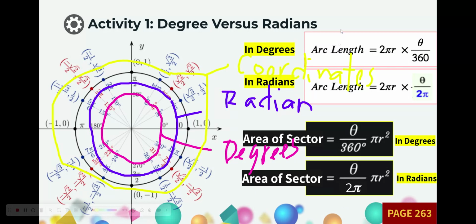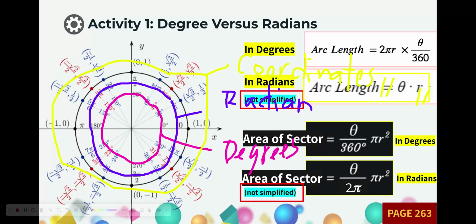Again, these both are arc length. These are both area of a sector. Okay? Now, let's have an example. Oh, wait. This arc length is not simplified yet because you can cancel out the pi, the 2, and the 2. So what only remains is what you call r theta, which is theta times r.